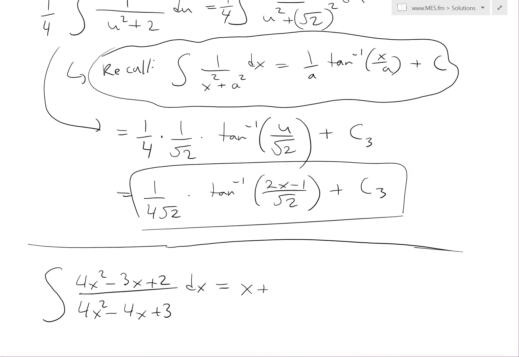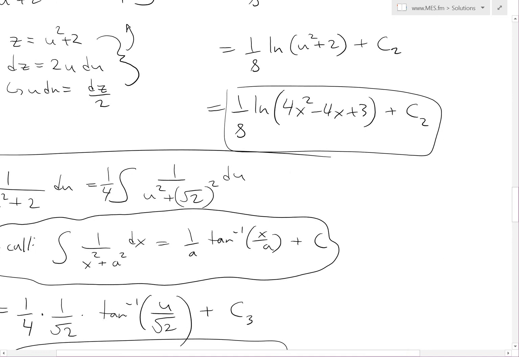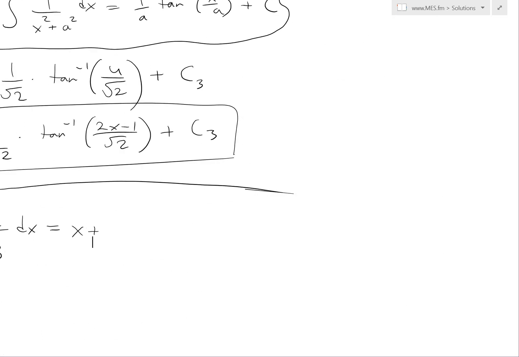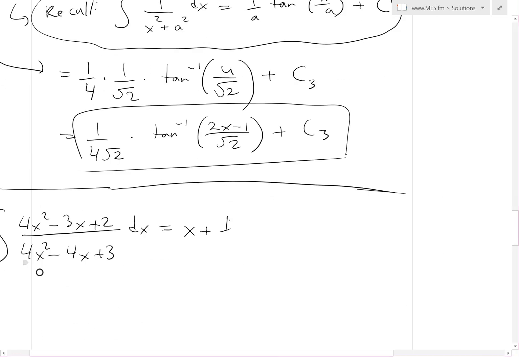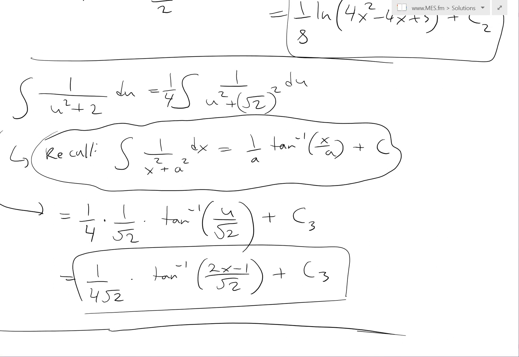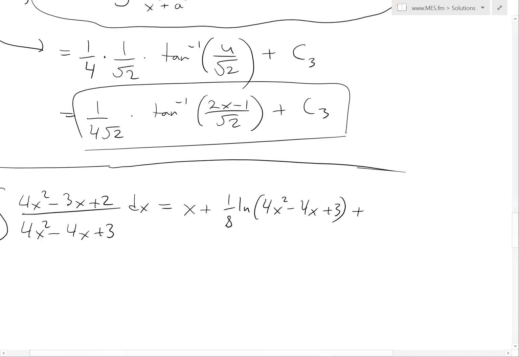So this equals 2x, and then plus, what's the second term right here? 1 over 8 ln of 4x squared minus 4x plus 3. Right now I'm ignoring these c1, c2, c3; I'll just combine them into one constant c. And then we have to subtract.